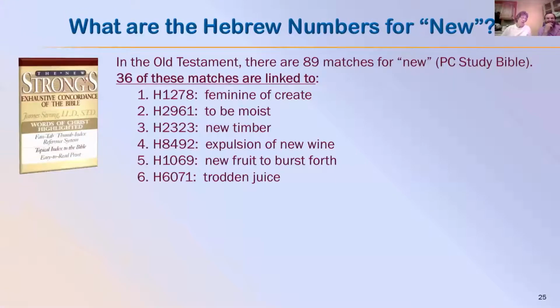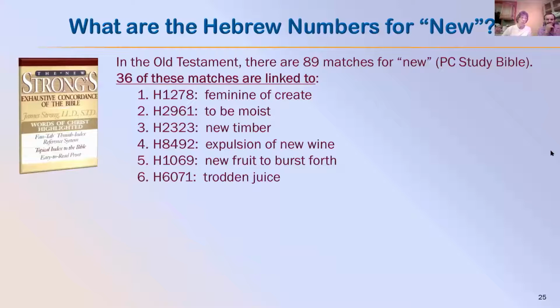Now, because Strong's had new in there, I was just thinking, are there any entries for new moon that really belong there in the King James Bible? So I looked up the word new just out of curiosity, and in the Old Testament, there are 89 matches for the word new. This is in my study program. I didn't do it in eSword or Blue Letter Bible.